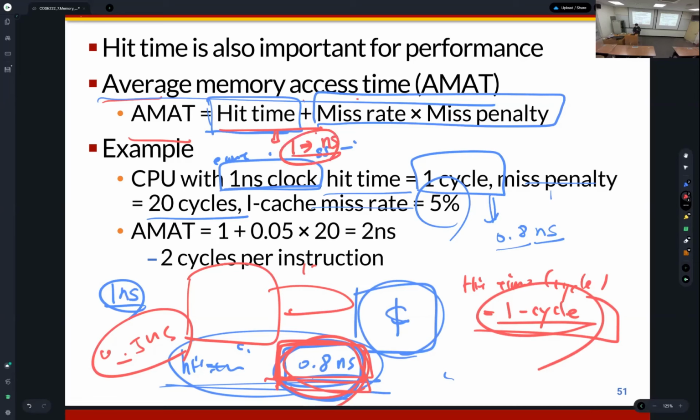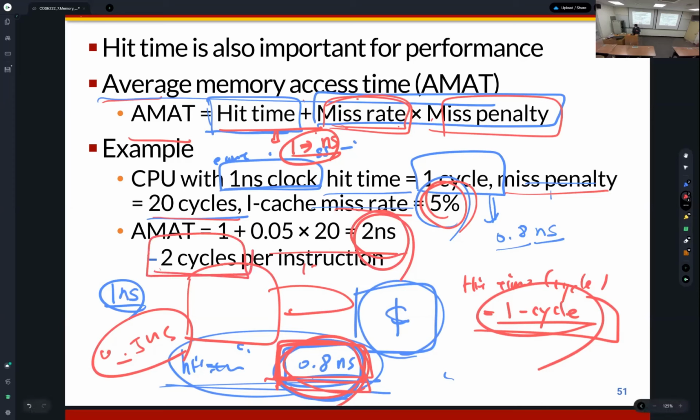Okay, one cycle. And then the miss rate is multiplied by the miss penalty. In this case, the miss penalty is 20 cycles, and the miss rate is 5%. We can calculate like this. So this is the average memory access time. It's 2 nanoseconds, so it's equivalent to 2 cycles.